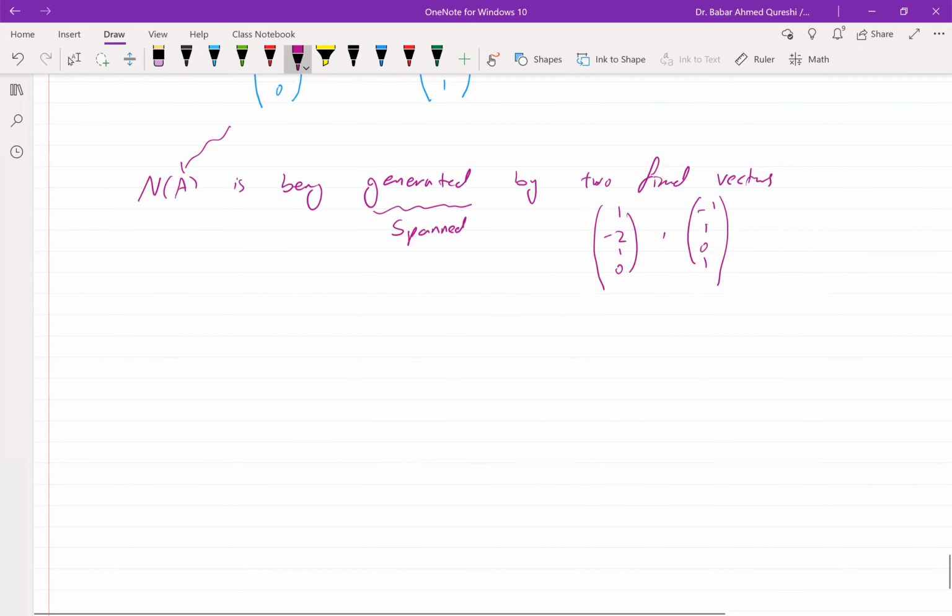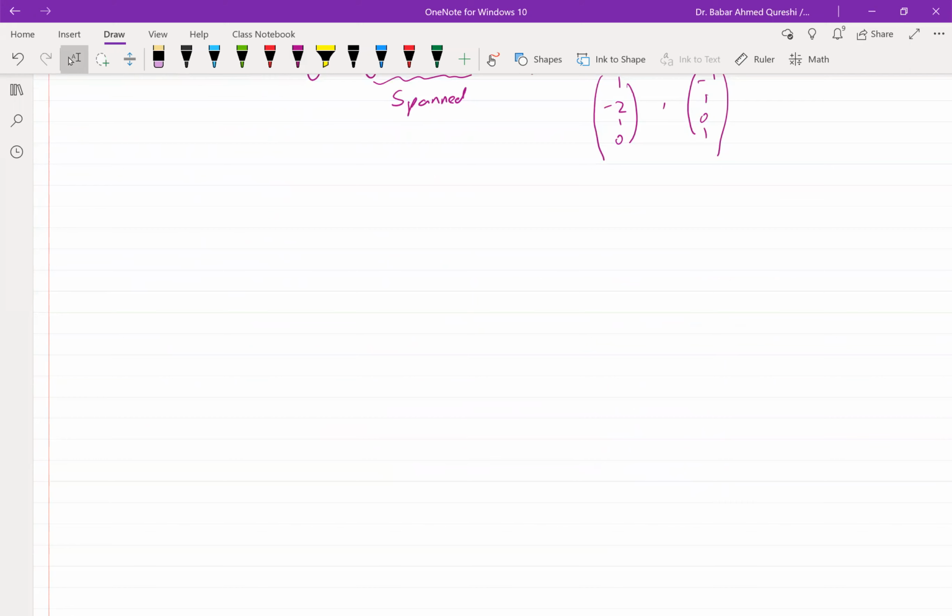So this idea exists for vector spaces in general: the span of a set of vectors.